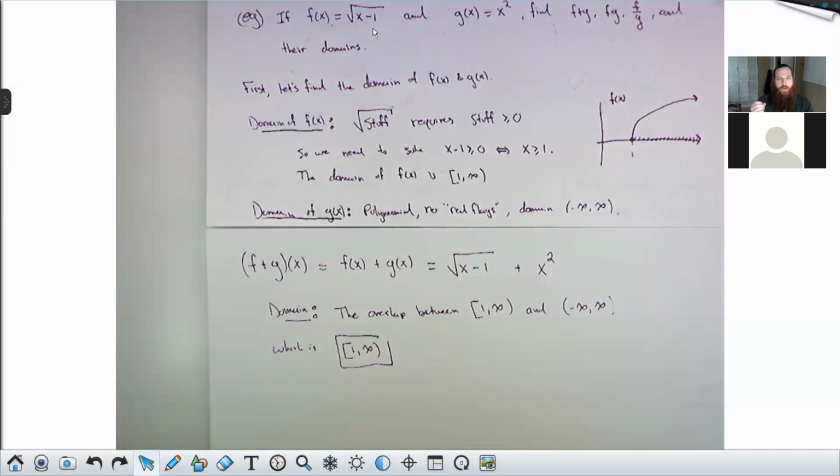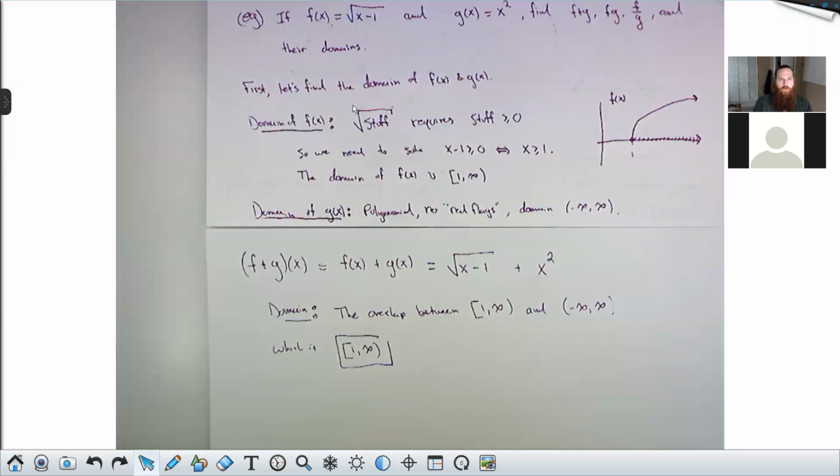What sort of x's can I plug into that function? The only thing here that can get us in trouble is the square root, right? So I ask, what sort of things can I take the square root of? If I want to take the square root of some stuff, that stuff needs to be greater than or equal to 0, right? You can't take the square root of a negative number. You get imaginary numbers. It's no good.